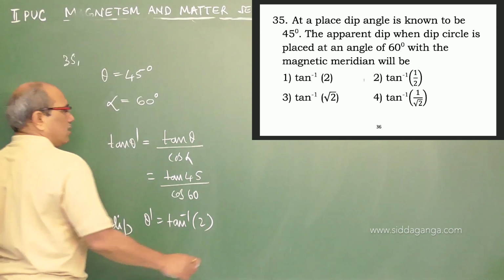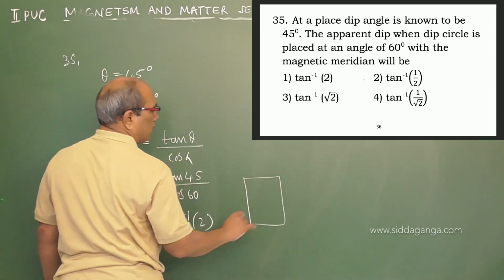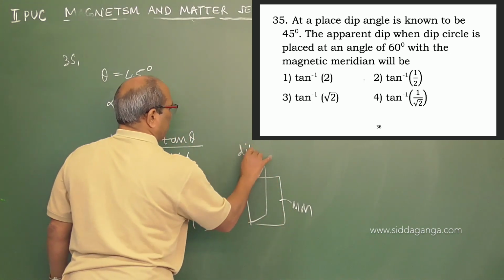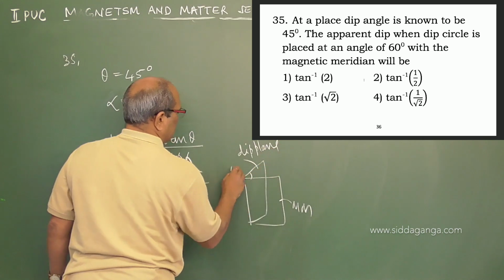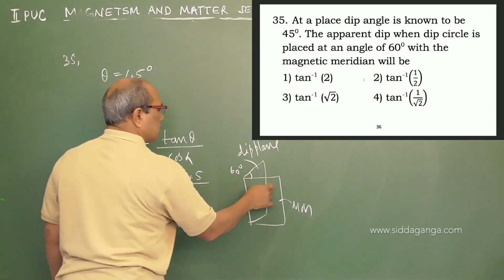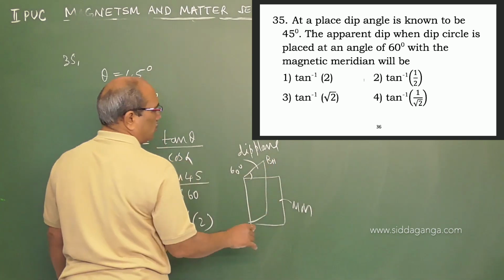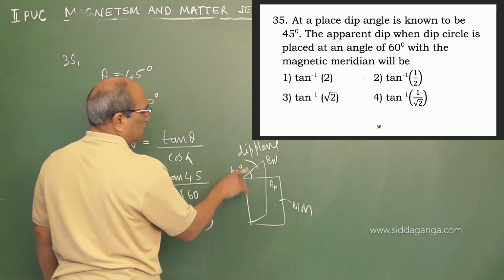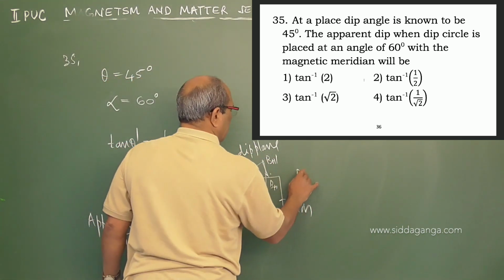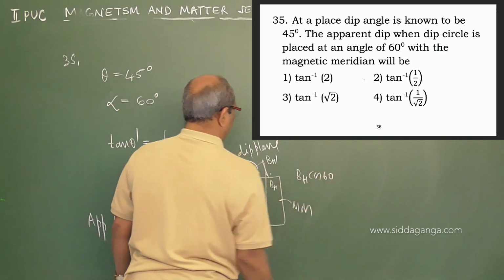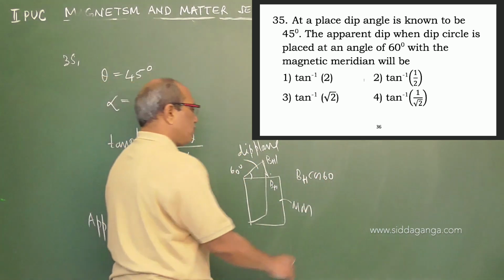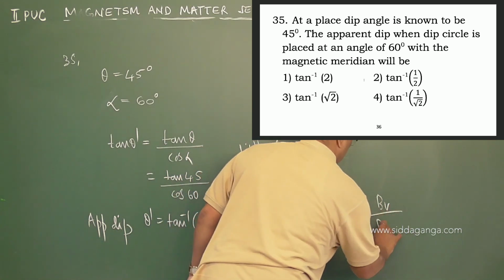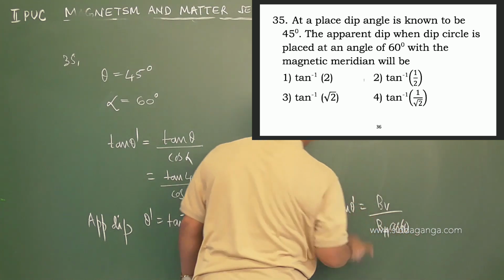If the dip plane is making 60 degrees with the magnetic meridian, then the BH that we are measuring has to be taken as BH dash. So this becomes BH cos 60. Therefore, tan theta dash is equal to BV upon BH cos 60.